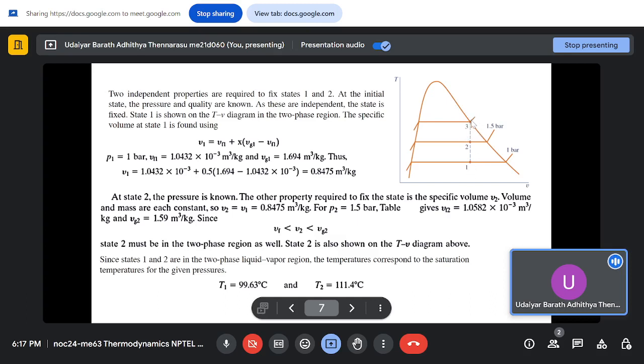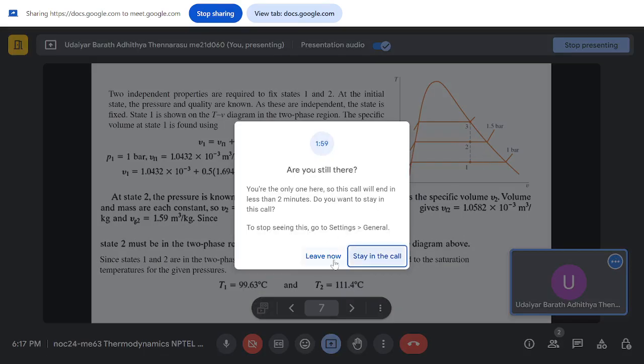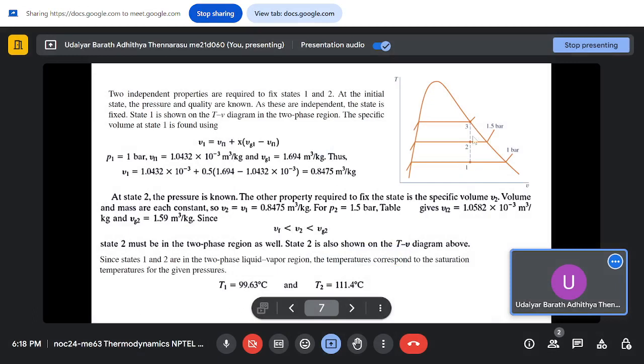So we need to find the corresponding pressure here, and we need to find the temperature at states 1 and 2, and the mass of vapor present at 1 and 2. We'll first start by calculating state 1.